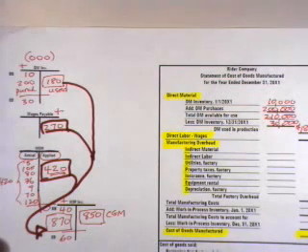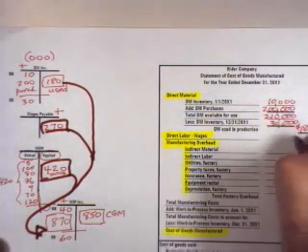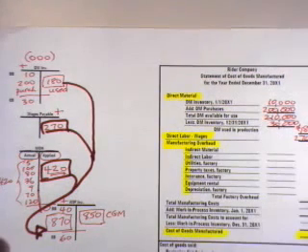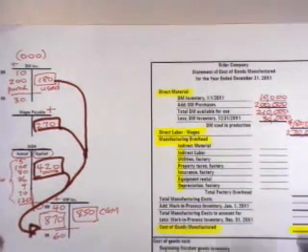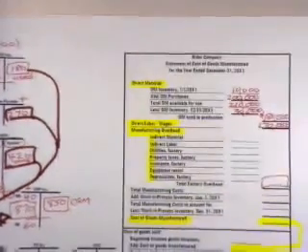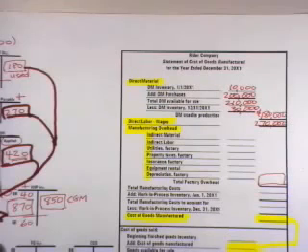Then we add on to that the 270,000 of wages or direct labor, and then we need to add on our total manufacturing overhead. That's going to be all the things that they listed added up.